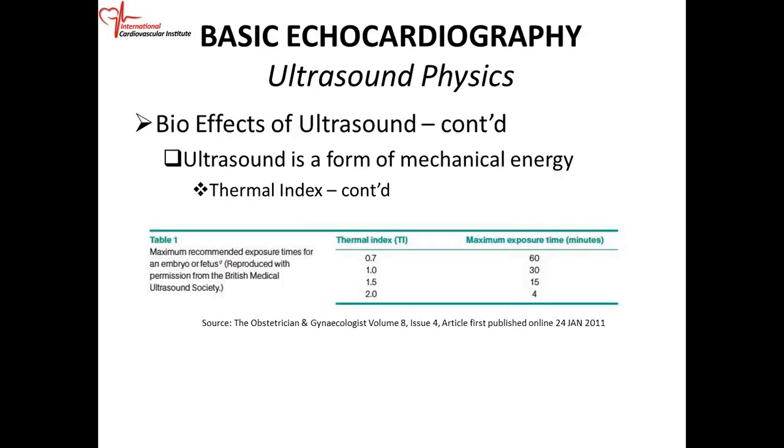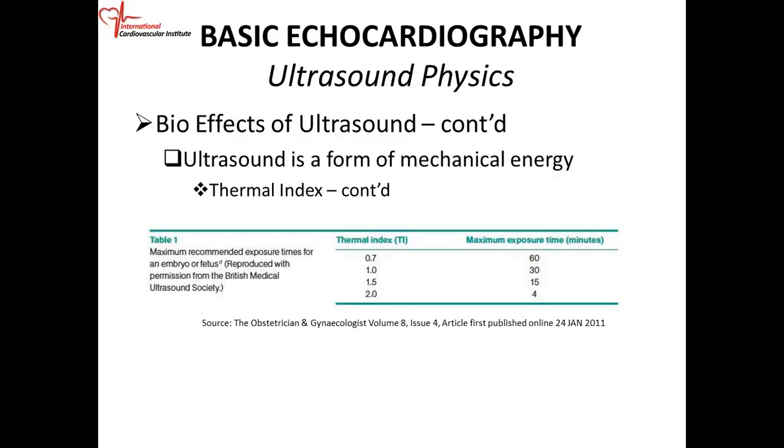All right, so basically what this is saying is, if the thermal index in the machine is set at 2, you want to limit the exposure time because that's a much higher thermal index. You want to limit it to 4 minutes. But you can reduce that on the machine. If you reduce your TI on the machine to 0.7, then you can scan for as long as 60 minutes.